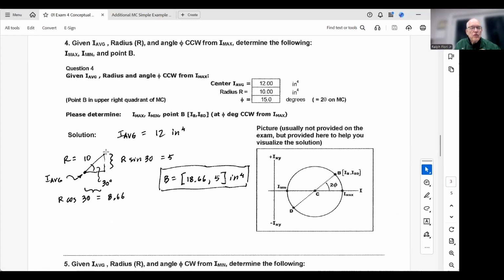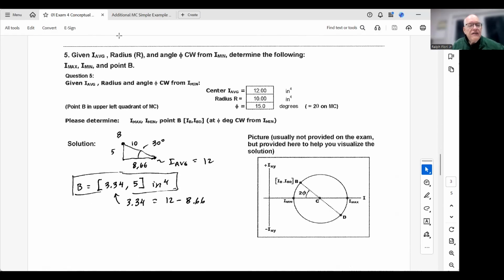Once you find the radius and the I average, the I max is 12 plus 10, which is 22, and the I min is 12 minus 10, which is 2. Here you're given an I average, a radius, and an angle clockwise from I min.